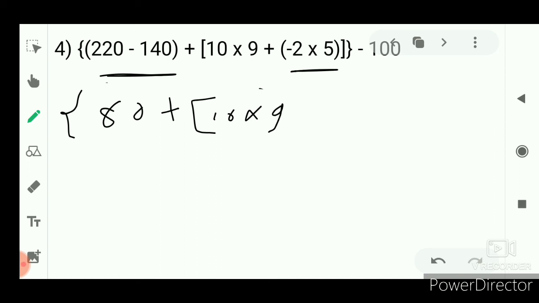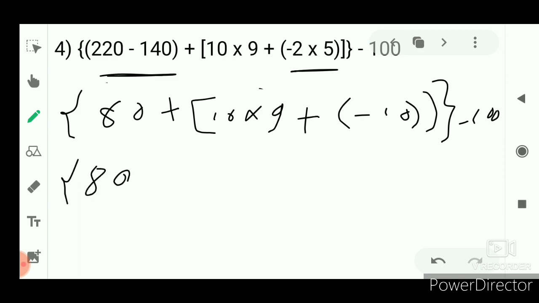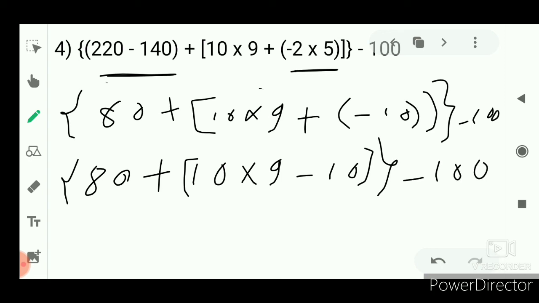Minus 2 into 5 will give minus 10, curly bracket, minus 100. Okay, so it will give 80 plus 10 into 9 plus minus will give minus 10. Minus 100 will remain as it is.